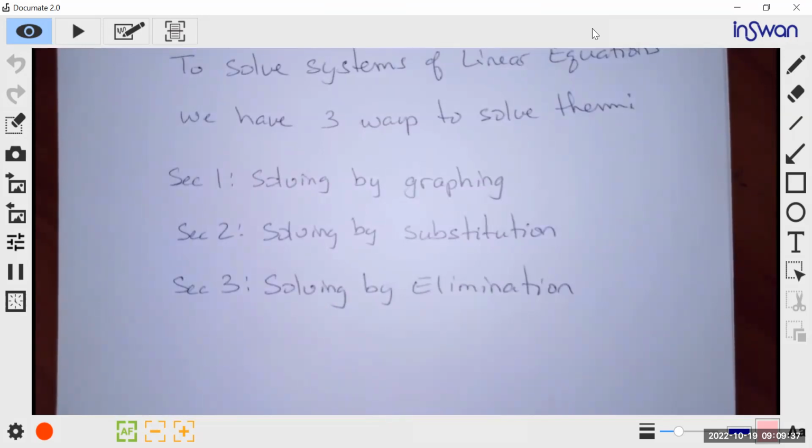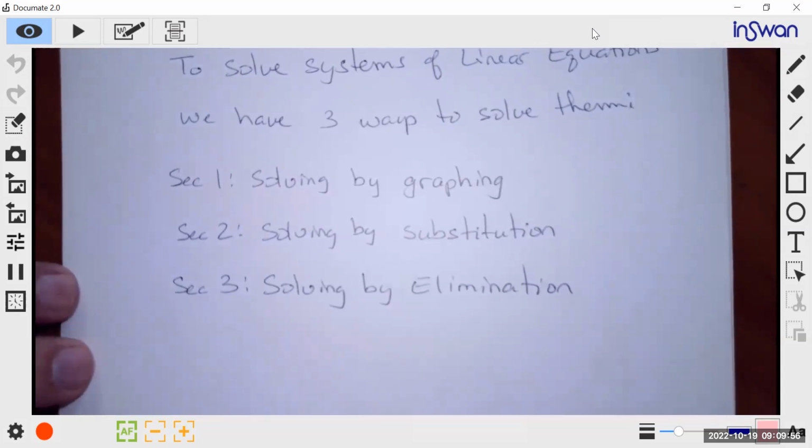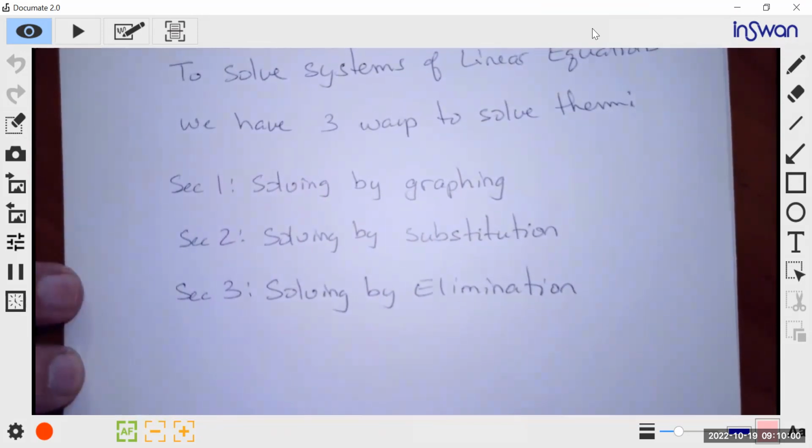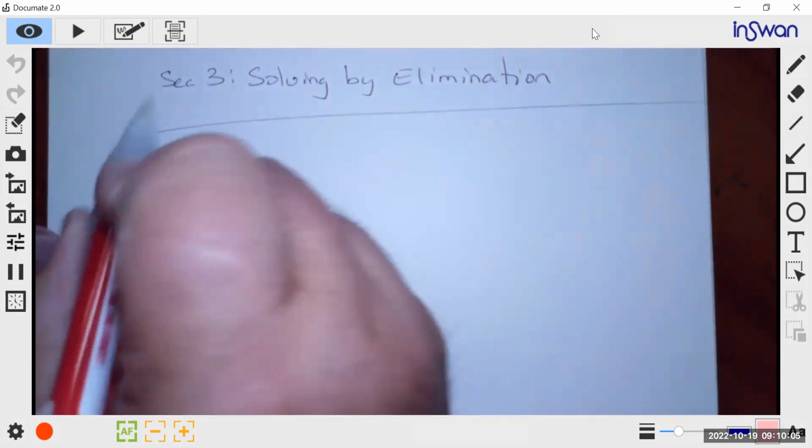There's actually another method called solving by matrices, but that we cover in algebra. These are the basis. Actually, if we have time, I'll show you the matrix one. It's a lot easier than all these put together. And section 4 is going to be applications of these. So let's look at section 1.